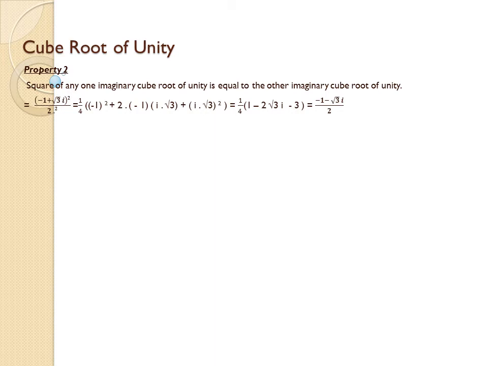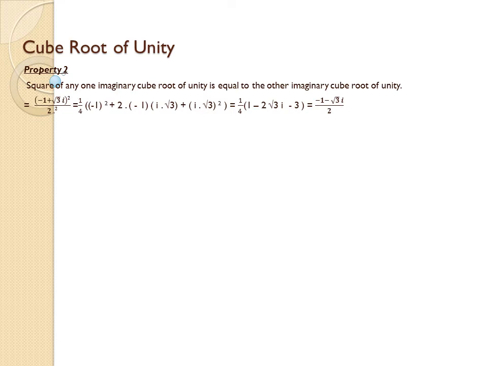So it becomes 1 by 4, minus 1 whole square equals 1, minus 2 root 3 i, minus 3. If I just do 1 minus 3, that is minus 2, so minus 2 minus 2 root 3 i divided by 4. So it becomes minus 1 minus root 3 i divided by 2. That is the other imaginary cube root.